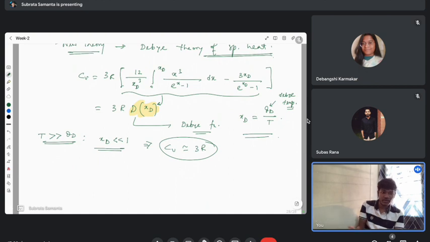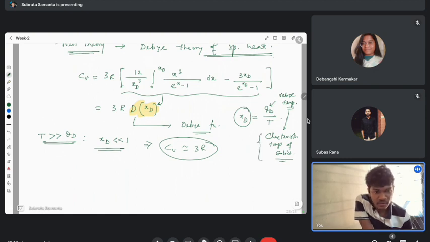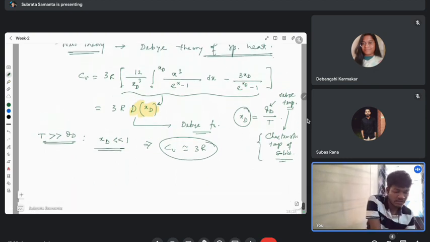Einstein first modified it and then Debye. So theta D is the Debye temperature, the characteristic temperature of the solid, because Debye theory is the best theory to describe solid specific heats. That's why it is called the characteristic temperature of solids.